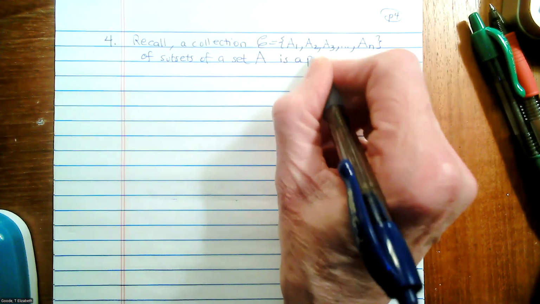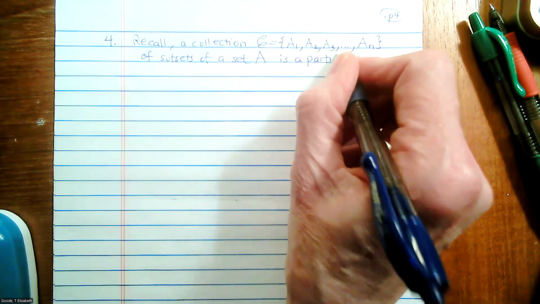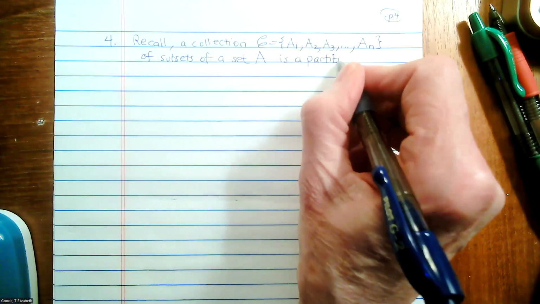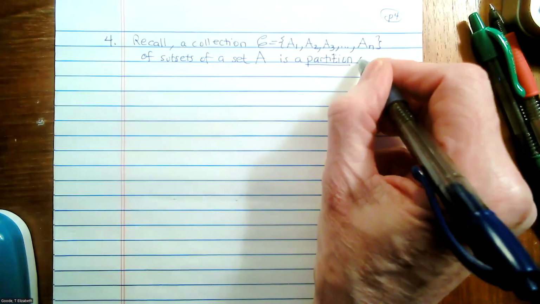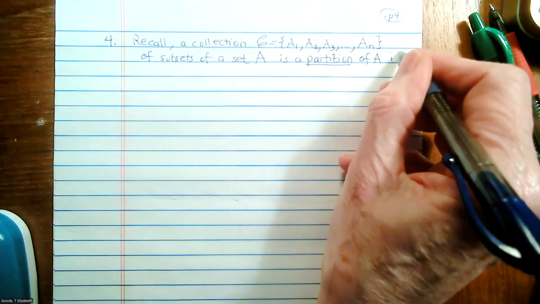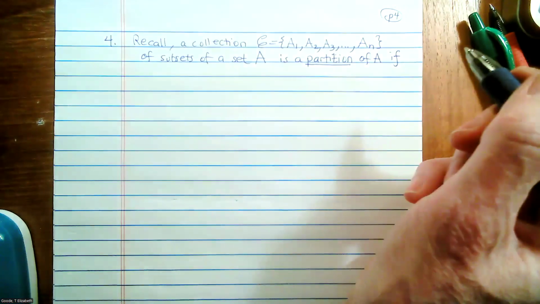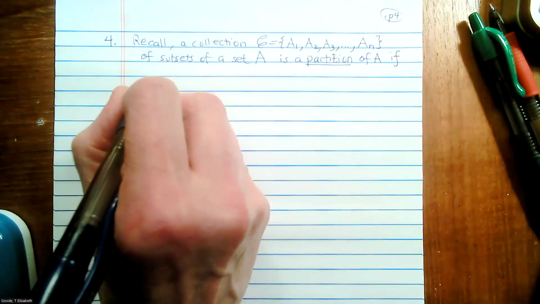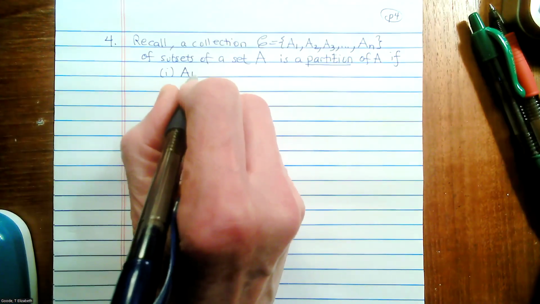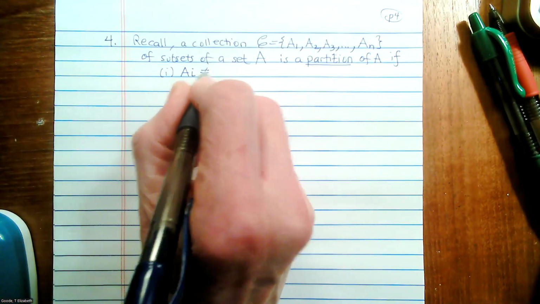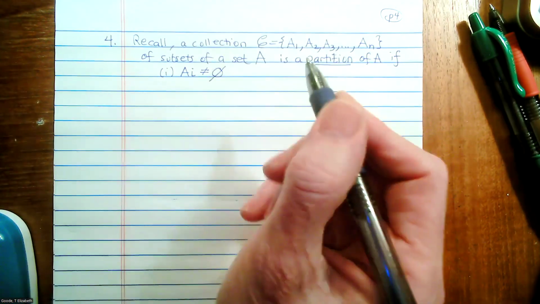is a partition, or forms, the wording forms is probably better, but the key phrase is it's a partition of A. You might say it constitutes a partition of A if 3 things happen. One, each of these A sub i's has at least one element in it.